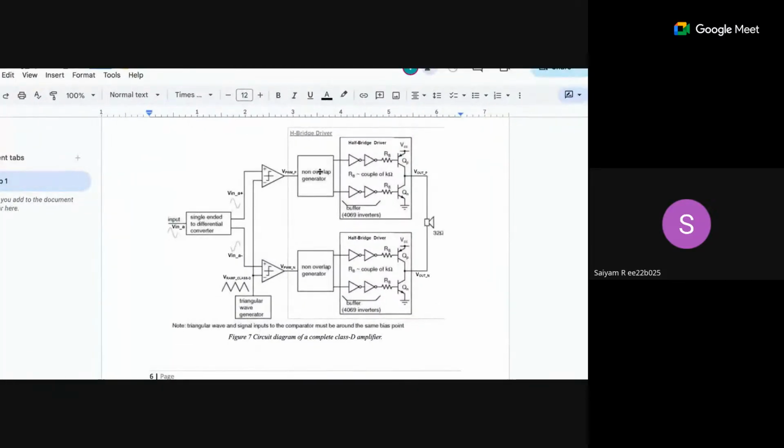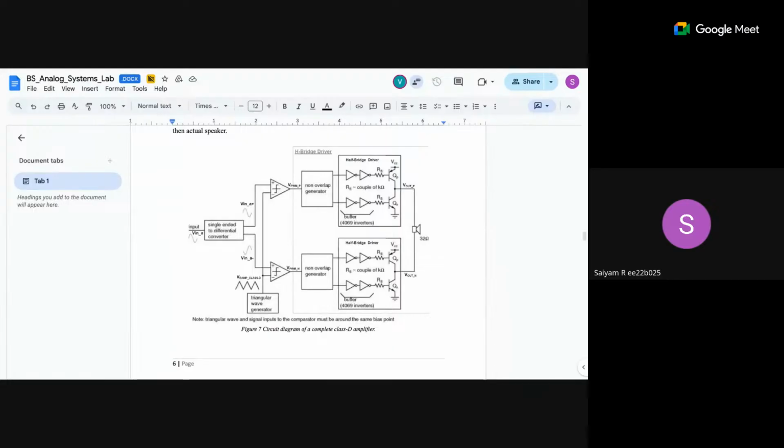One thing here is that this non-overlap clock generator should be correctly made, because otherwise there will be a direct short from the supply to ground, which will cause infinite current to flow.